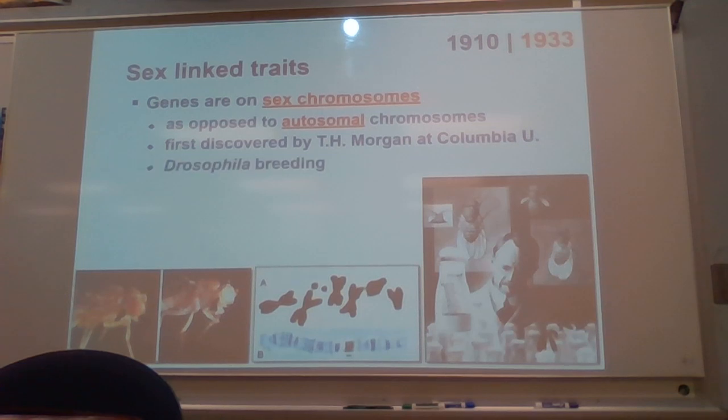The scientific name for those fruit flies is Drosophila. So, why do you think we would use flies as our organism to model genetics? Talk to your groups really quickly. Why do you think they'd be good organisms for that?